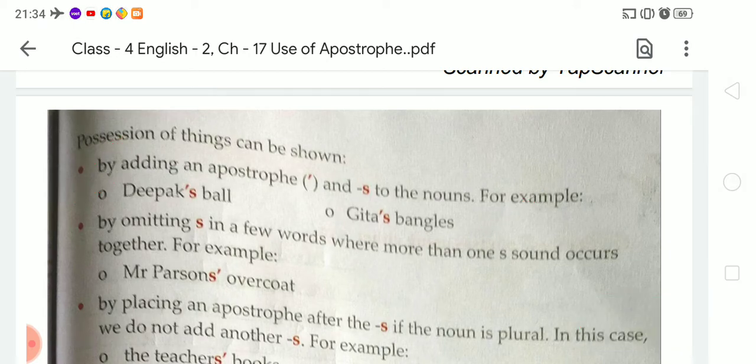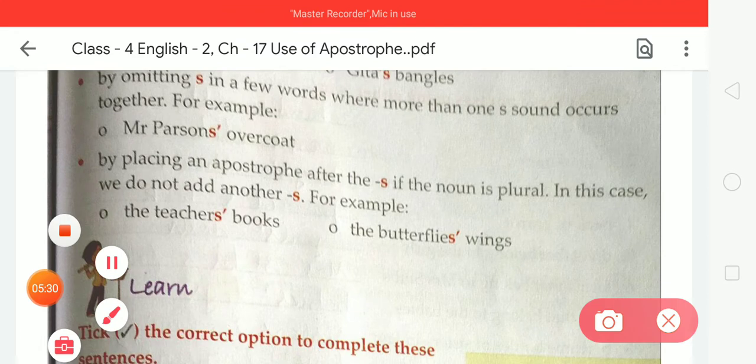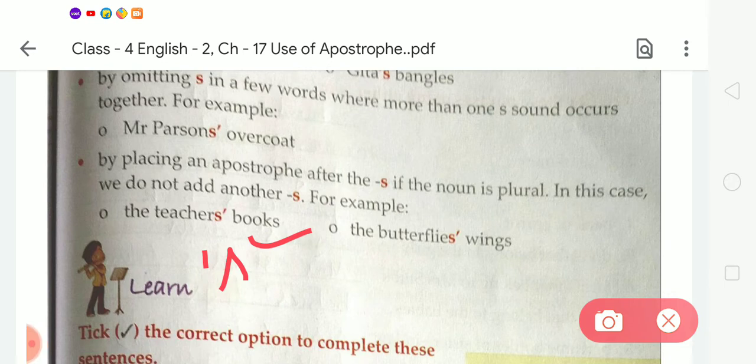Next, by placing an apostrophe after the s if the noun is plural. In this case, we do not add another s. For example, the teacher's book. Here we don't use another s; we only use the apostrophe. After that, the butterfly's wings.